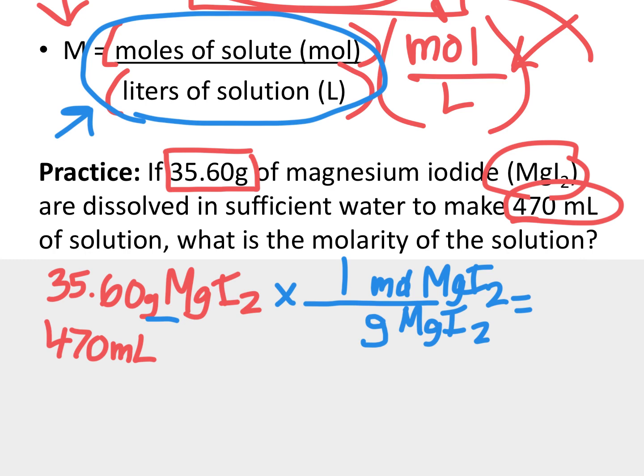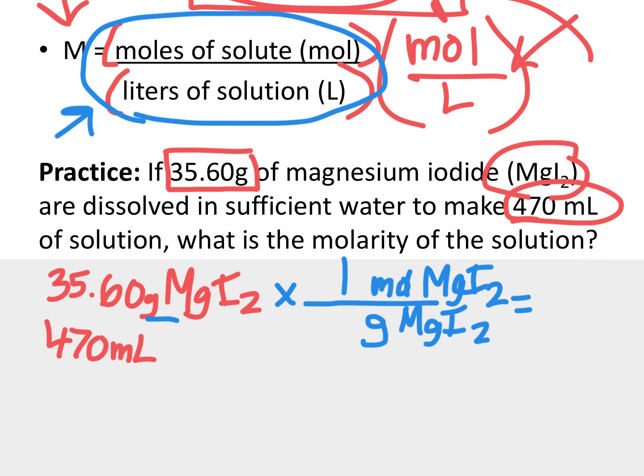So how do we do that? Do you remember? We look on the periodic table and take the mass of magnesium. Magnesium, according to my periodic table, is 24.31 grams per mole. Then I'm going to add to that 2 iodine masses. Iodine is 126.9 grams for each, so I'm going to add that up twice.